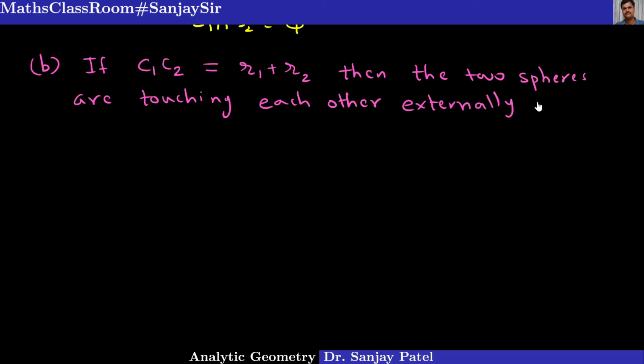We can also say they are tangent to each other externally at one point. That means the intersection of the two spheres is only that common point of contact. So I can say in this case S1 intersection S2 is simply one point.